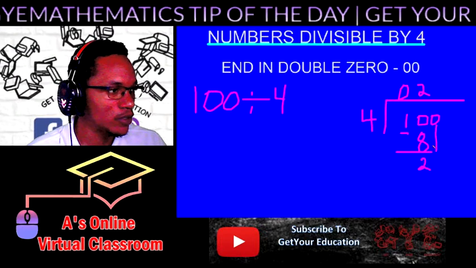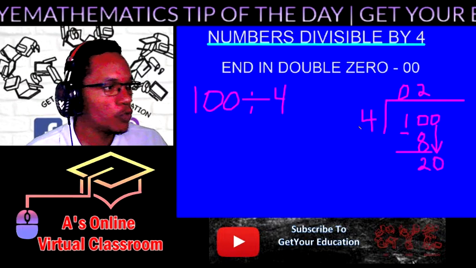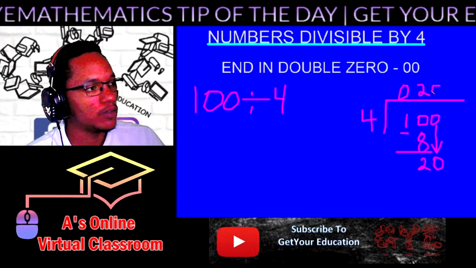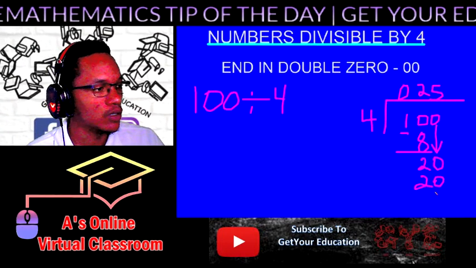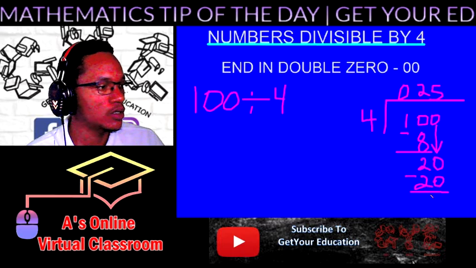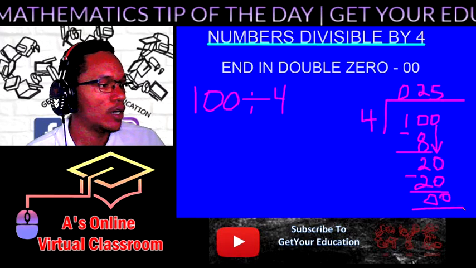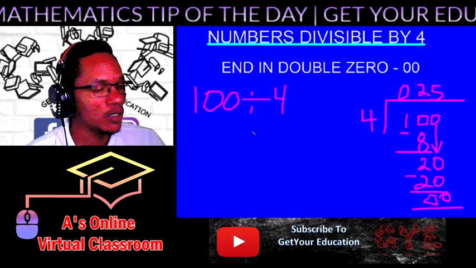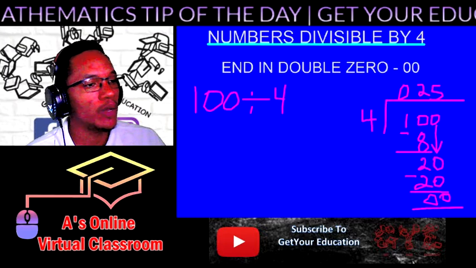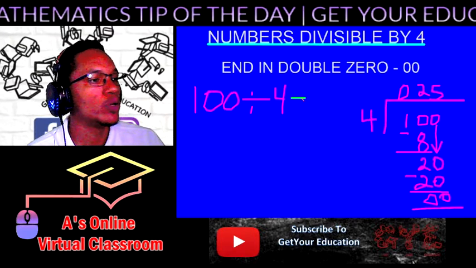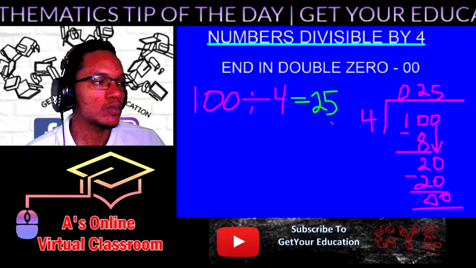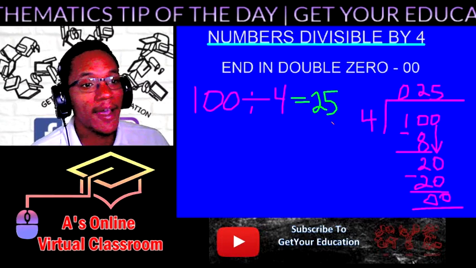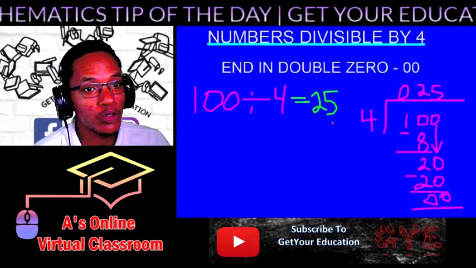Next step will be to bring down your next digit. 4 into 20 is 5. 5 4s are 20. Let's do a subtraction, and we have no more remainder. So 100 could be divided by 4 25 times. And it works for any number that ends in 2 zeros.